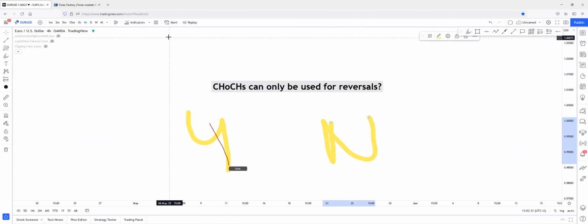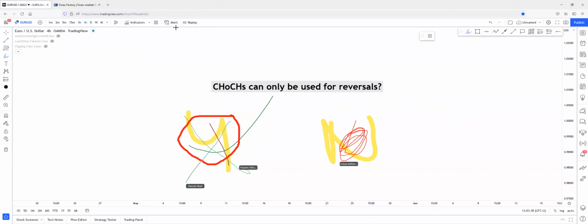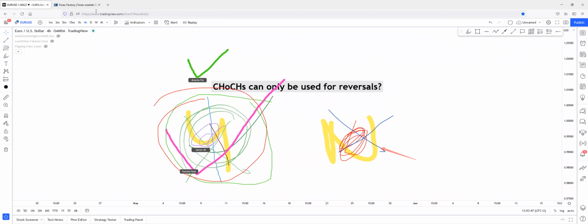Change of characters can only be used for reversals. Is it true or not? Just write on my screen, and keep your answer on the screen, please. Don't remove your answer. If you answered, just keep it there.